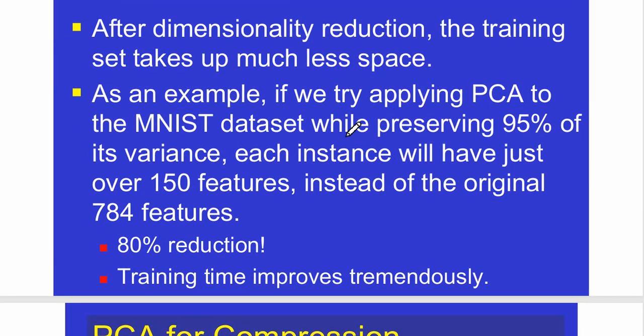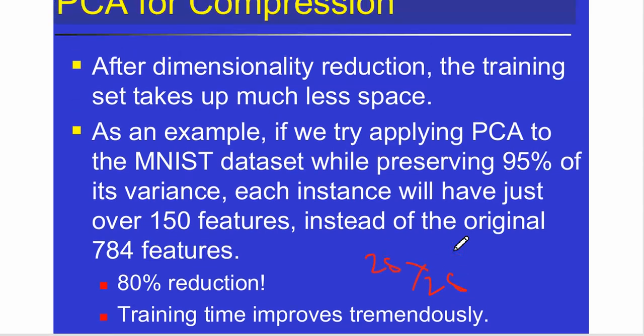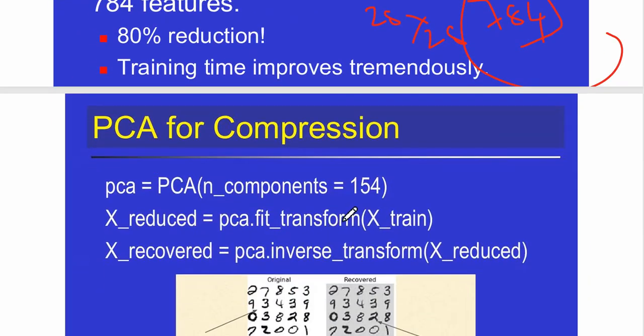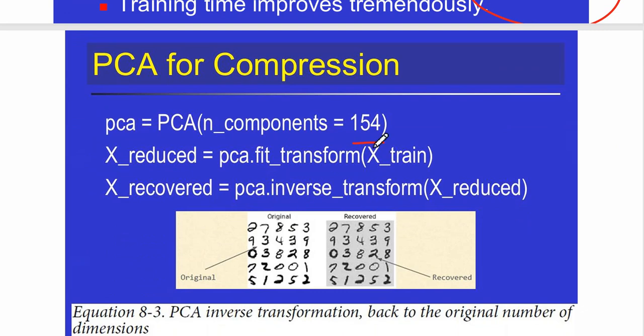For example, the MNIST data set contains 28 by 28 size pixel images. That means we have 784 features. If you reduce this 784 into, for example, number of components equal to 154, how many components am I considering here? 154.